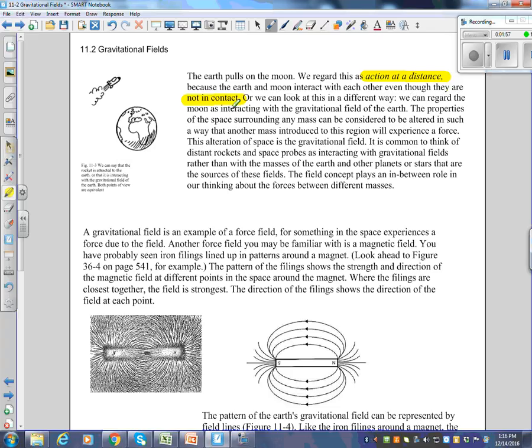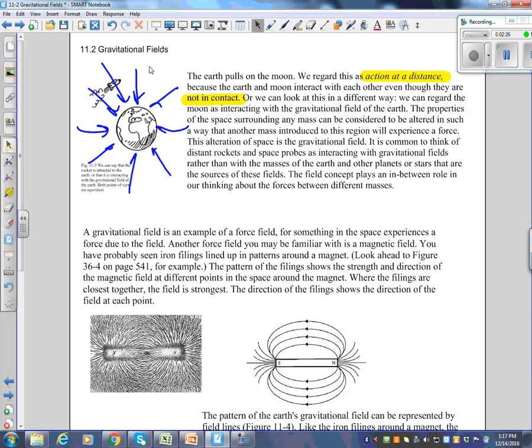We regard the moon as interacting with the gravitational field of the Earth. So what does that mean? Well, the Earth, as every mass, every object has this gravitational field. So we can draw that on there. And now you see that the little rocket here is touching the field lines. It's touching the Earth's gravitational field. There is contact with this gravitational field.